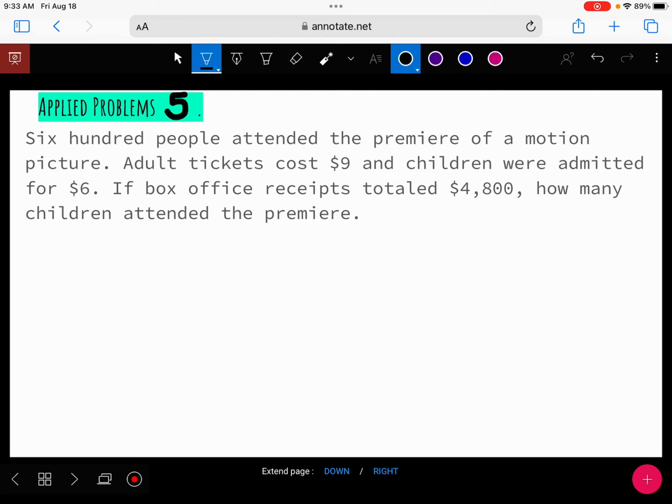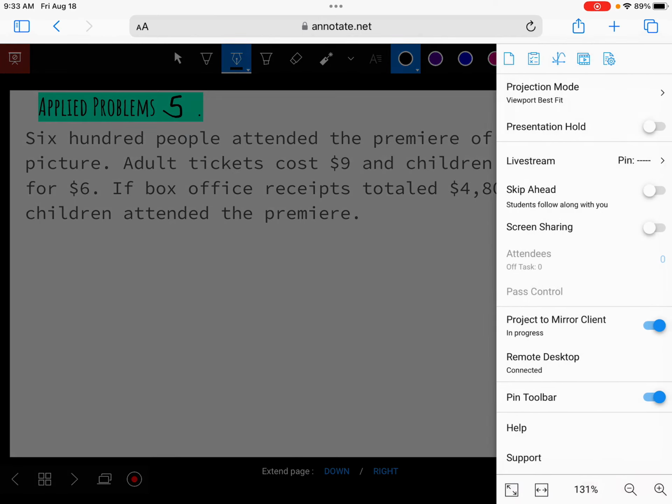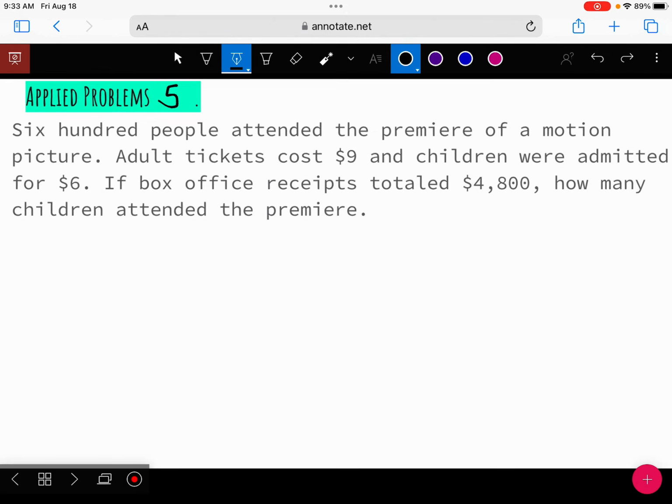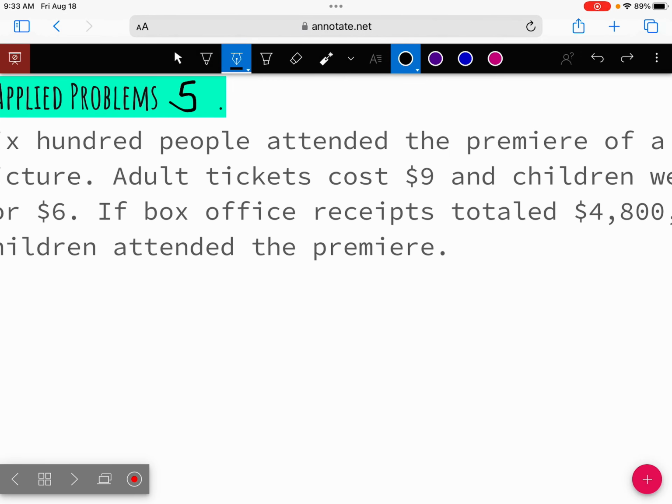So this one's number 5, right? The 600 people? Yes. All right, so we've got 600 people attending the premiere of a motion picture. Adult tickets cost $9. Children were $6. Box office receipts totaled $4,800.